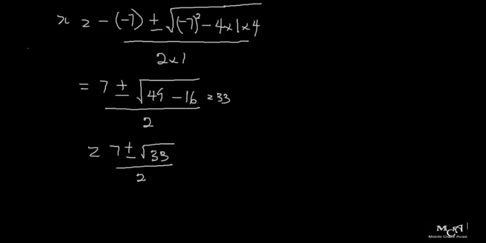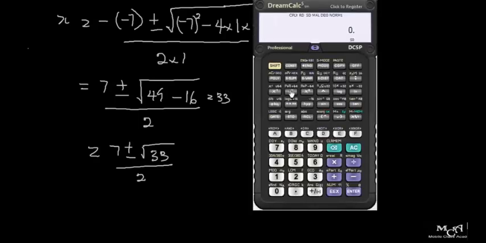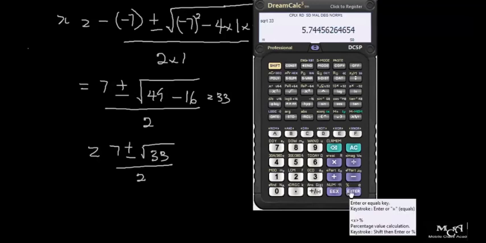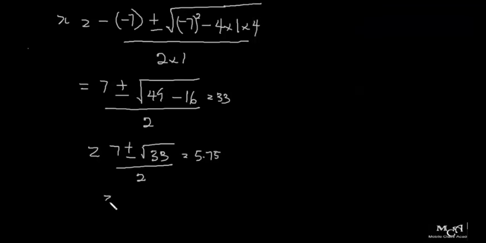Let's use our calculator to find the square root of 33. Square root of 33 is 5.75. So from here we have 7 plus or minus 5.75 all over 2.